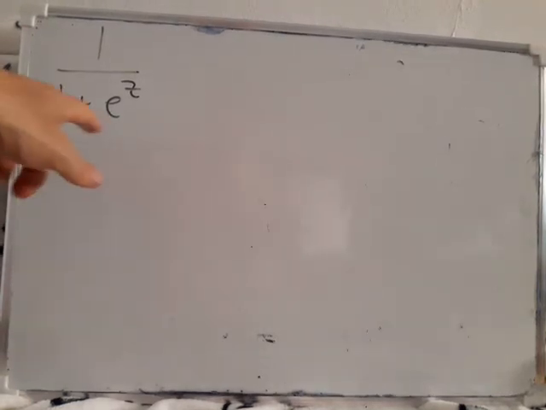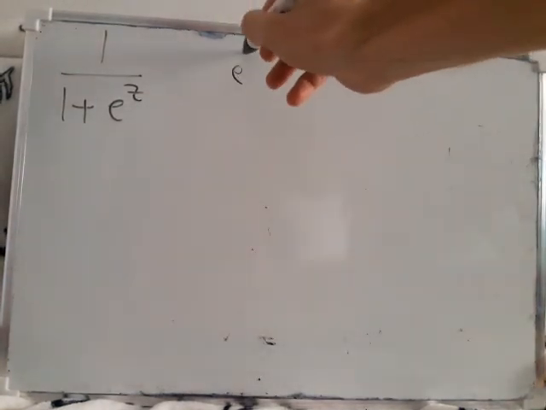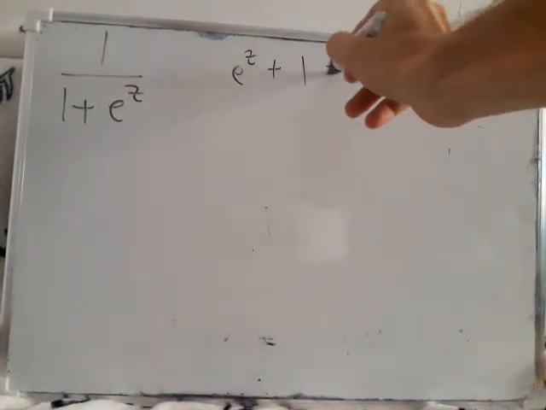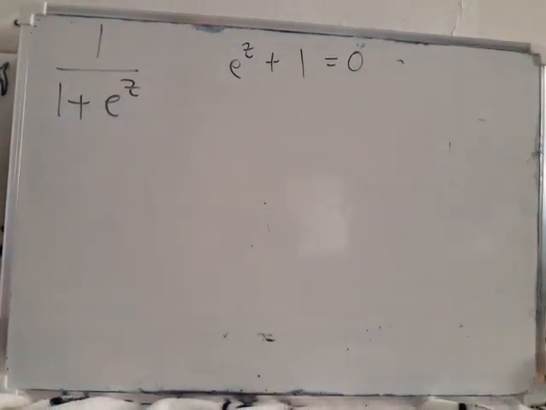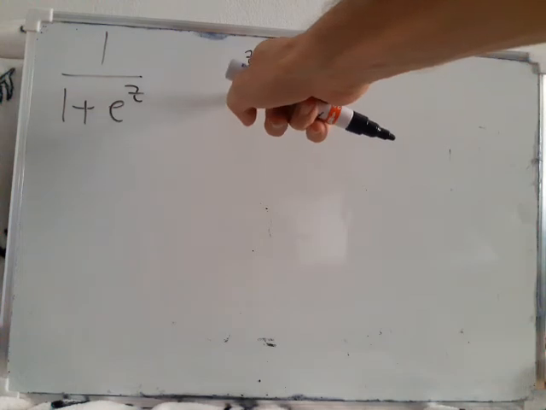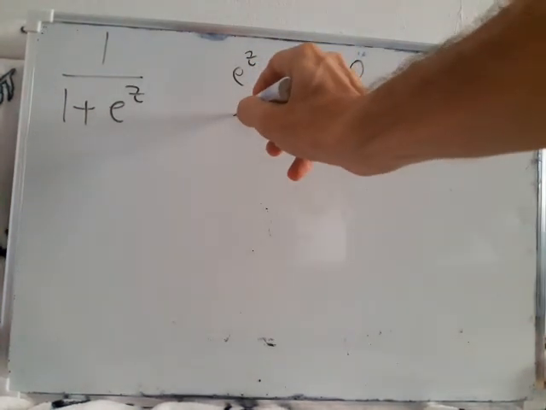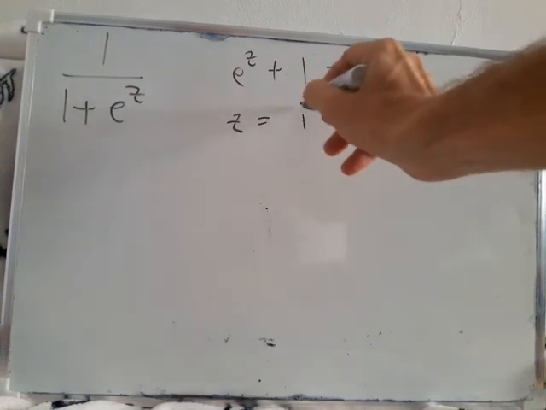So 1 over 1 plus e to the z. This is going to have a simple pole whenever this thing here is 0. So when is e to the z plus 1 equal to 0? Well, we know that e to the i pi is minus 1. So it's basically when z is equal to i pi.